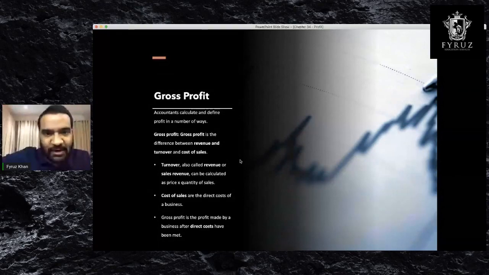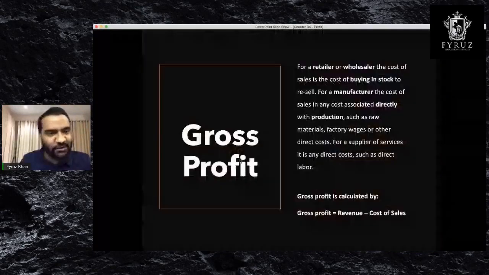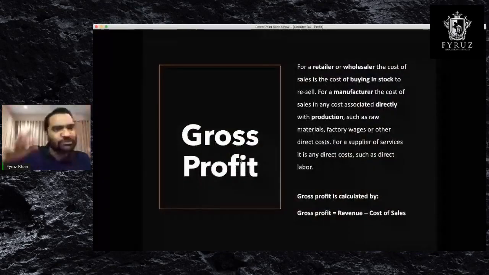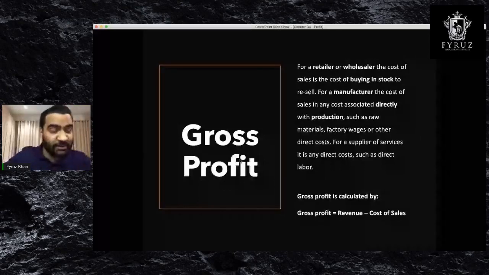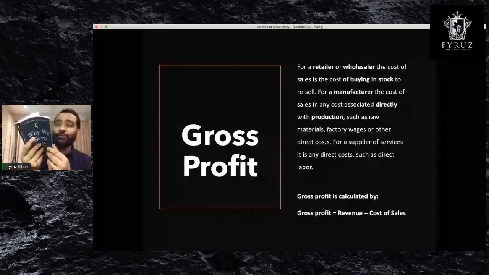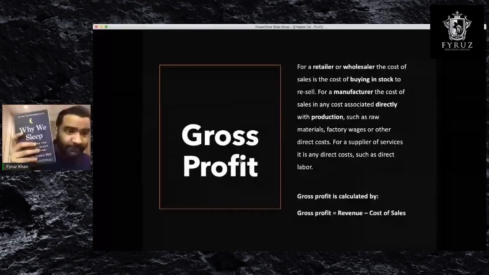Okay, so the formula is given here. Gross profit is revenue. What's the total revenue you've generated? Your sales revenue, turnover, same thing. And cost of sales is direct expenses, direct costs that are directly related to the product. The cost of sales for this book would be buying pages, production, wages and salary, designing the book cover, printing.